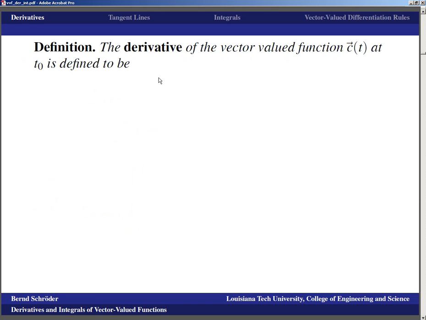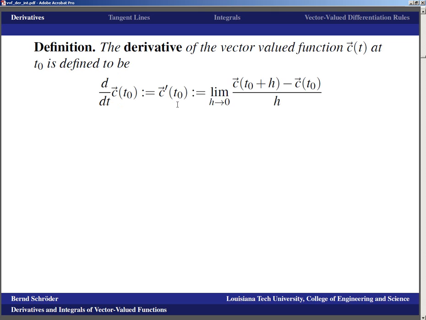The definition, therefore, should not be a surprise. The derivative of the vector-valued function c of t at t0 is defined to be the derivative with respect to t, which is typically interpreted as time, of c at t0, also denoted as c prime of t0, and it's the limit as h goes to 0 of c of t0 plus h minus c of t0 divided by h. So we're back with difference quotients.